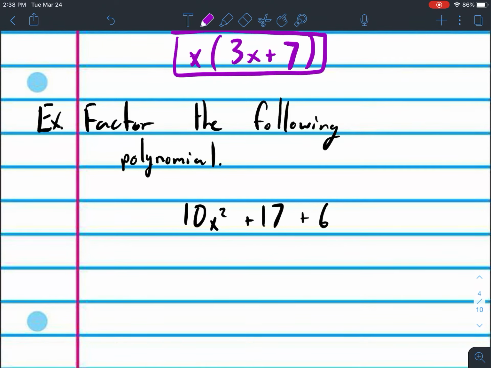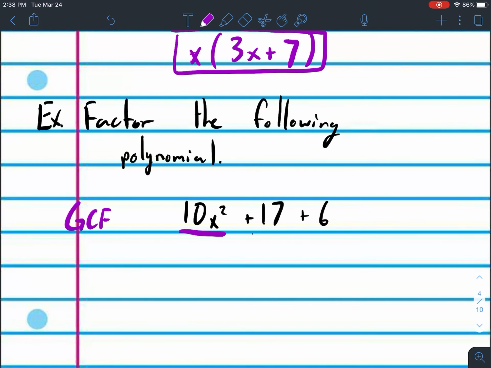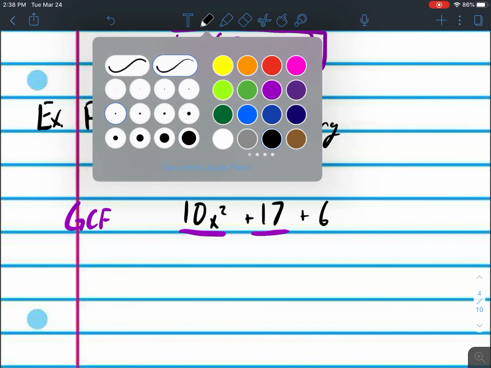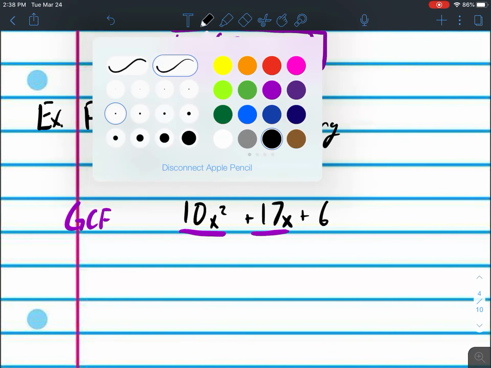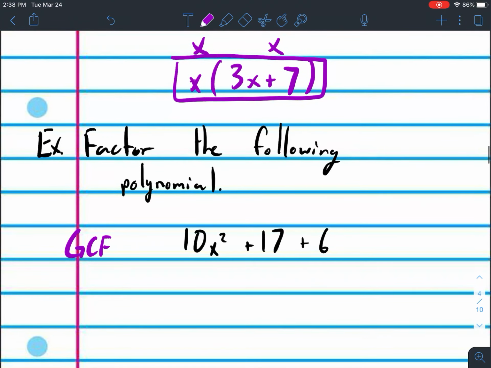Okay, first, what's the first thing we always have to do on every single problem? GCF. Okay, let's see. 10x squared, 17x, and 6. Okay. No x's, 10, 17, and 6. There are no common multiples, which means we cannot do anything like that.